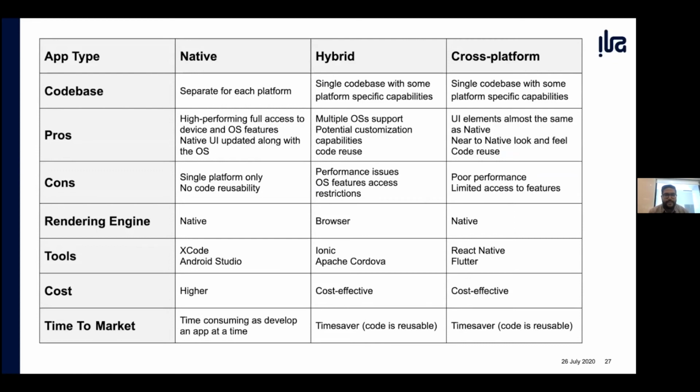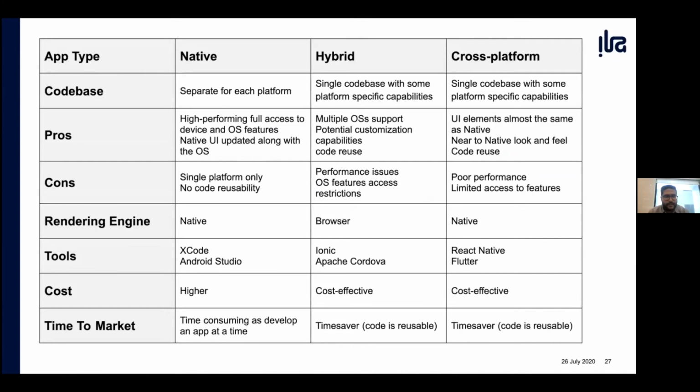In native, you will have two different code bases, so basically two different technologies and two different languages, and you will have to consider both applications as two separate applications. In hybrid and cross-platform applications, you will have one single code base.